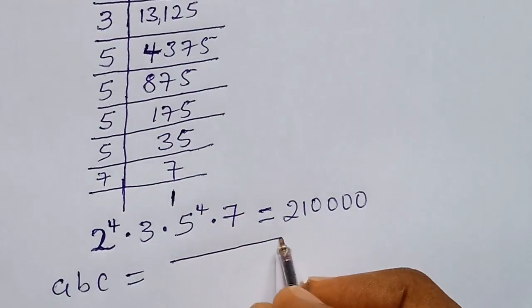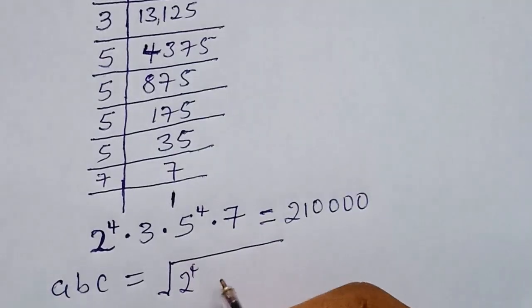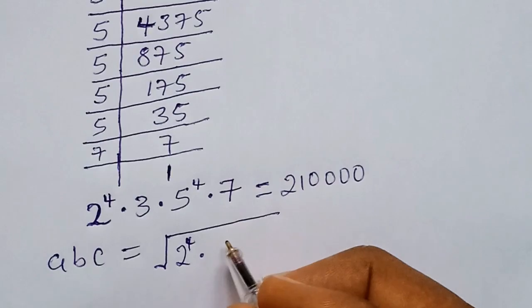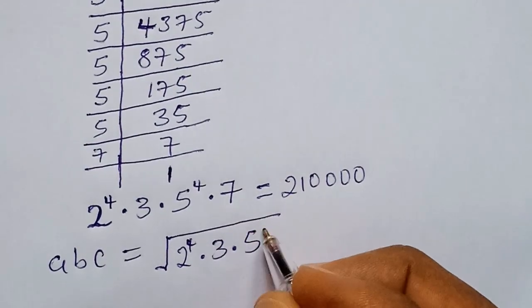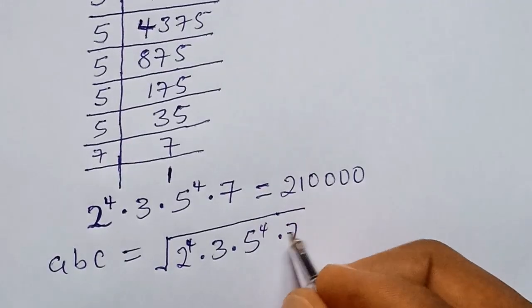square root of 2 power 4 multiplied by 3 multiplied by 5 power 4 multiplied by 7.